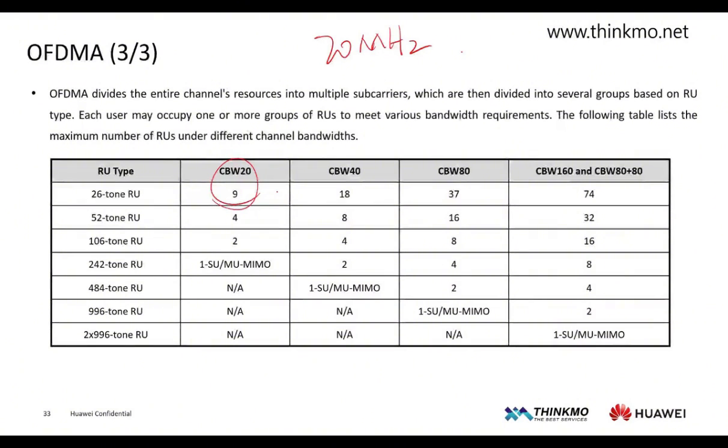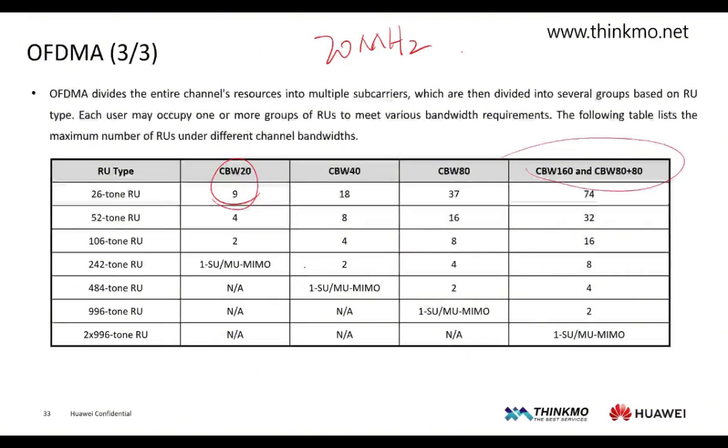This can support multiple users transmitting simultaneously, and if it's 40 MHz, it can further expand to support more users. In the maximum case, a 160 MHz bandwidth can support even more, providing greater concurrent transmission capability.